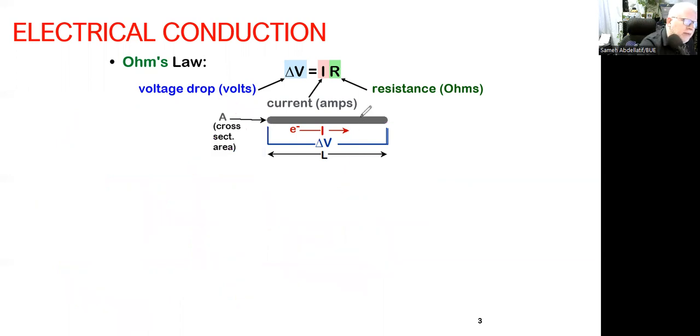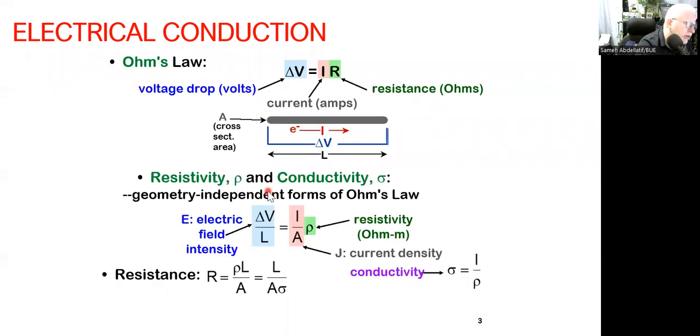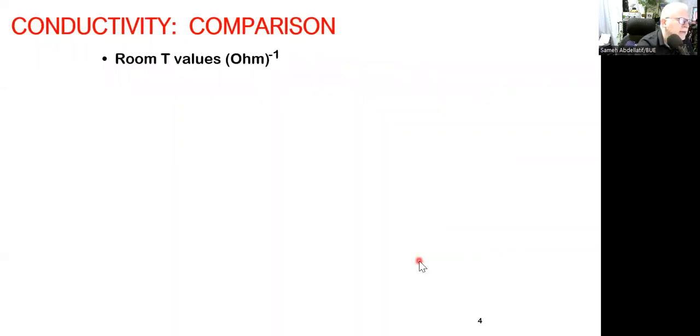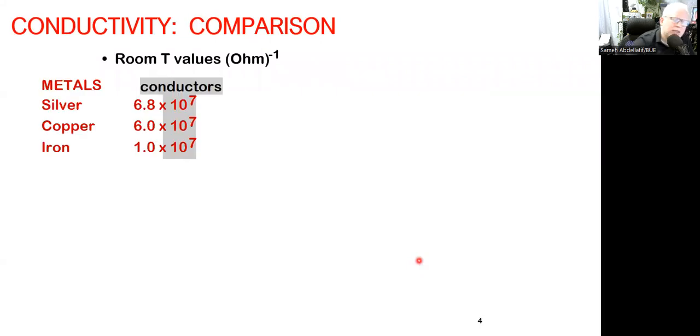Perfect. Then, if you did this experiment for different materials, for each material you calculate sigma using the equation here, and you will find something like this. Some materials will result in extremely high conductivity, on the order of 10 to the power 6, 7, and so on.